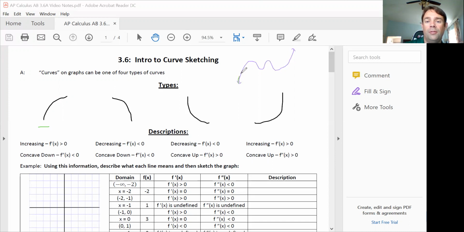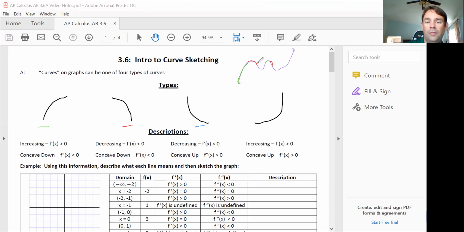You're right. You kind of see it here. Kind of see it right here. And that's about it. This one, kind of see it right here. And right here.